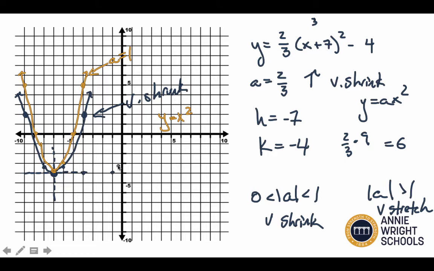So 1/3 of 36 is 12. 12 times 2 is 24. You would go up 24. Again, if there was no stretch at all, like in the a equals 1 graph, you would go over 6 and up 36. But because of this vertical shrink, I'm only going up 24. Now, it's still pretty big, but it's not as big as 36. Hope that made sense.